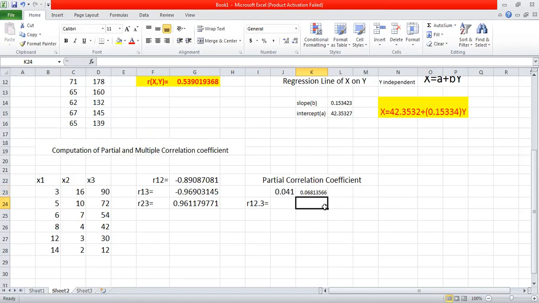So we got the denominator value as 0.0681. So what is the correlation now? This numerator value divided by this denominator value, we get R12.3 as 0.595.